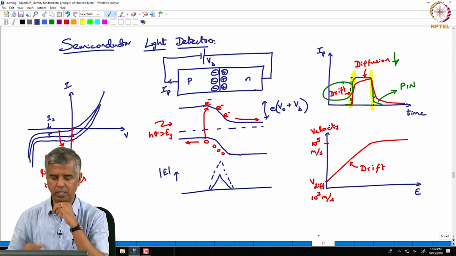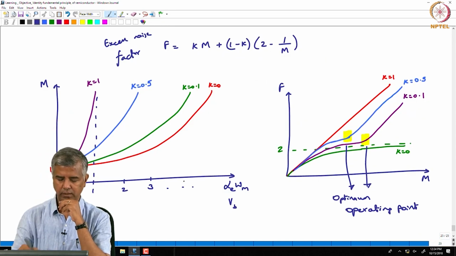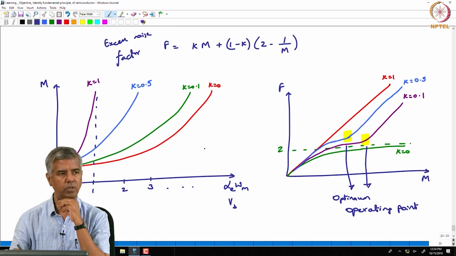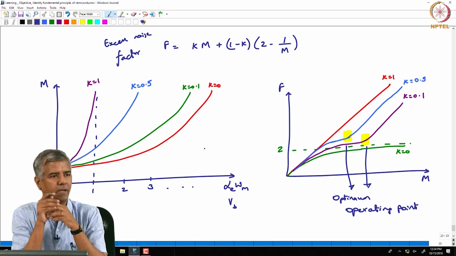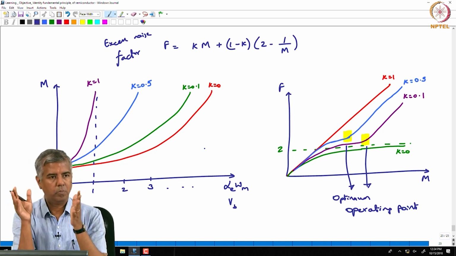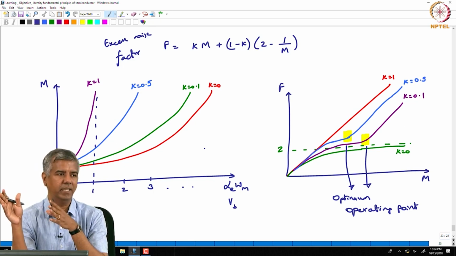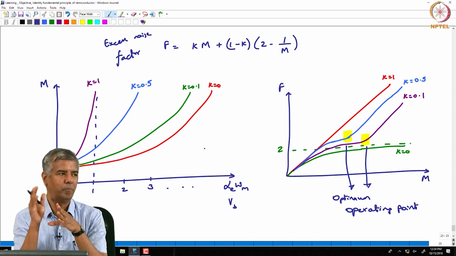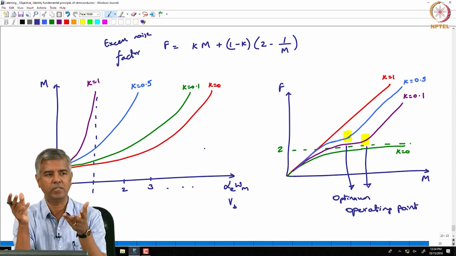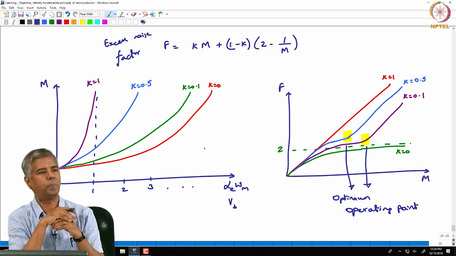So, you will have a similar breakdown voltage limiting this. So, beyond a certain voltage you are not going to be able to get any more gain because the device has punched through. But what this picture is showing is that you should not even wait until that breakdown voltage. There is an optimum point before that, beyond which you are not getting any improvement in signal to noise ratio. Okay. So, you need to stop at that point.